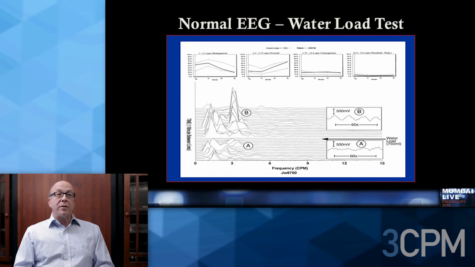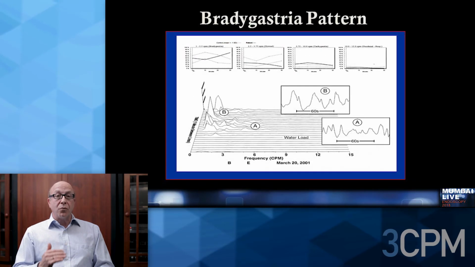We know what the normal range of bradygastria is, tachygastria, as well as a mixed or a respiratory level of contractility. As long as the patterns remain in between those broken dotted lines, we know that that is what consists of normal. We call those normal.